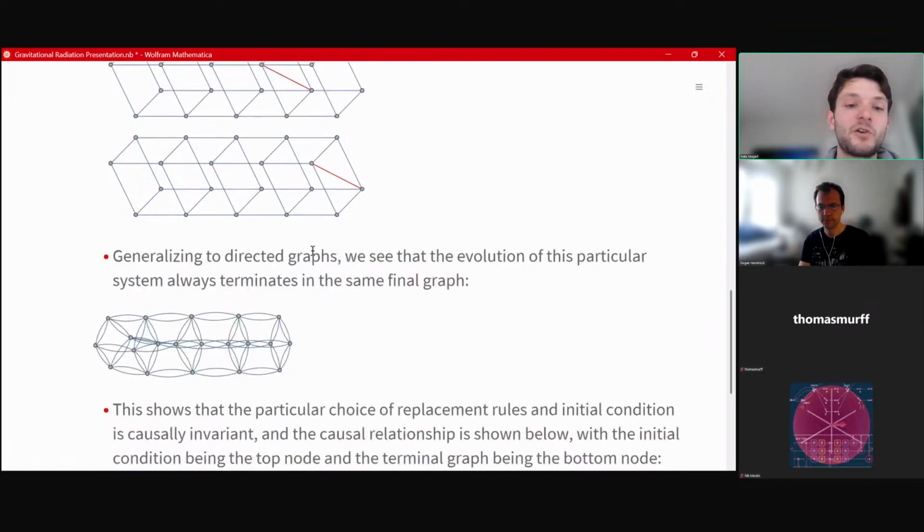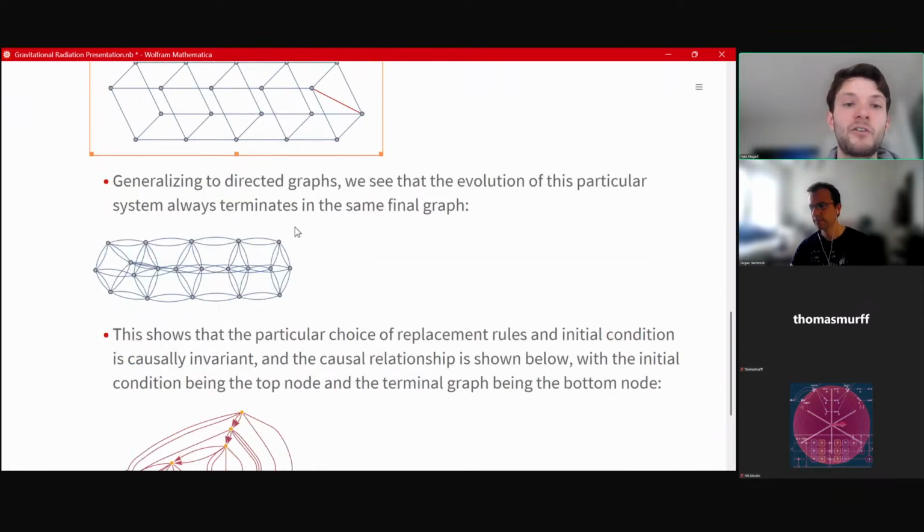And so I wanted to generalize to a directed graph where instead of having a certain orientation picked out, I just put directed edges in both directions. And I wanted to see what would happen if we just kept evolving that system. And so if you replace all these edges with directed edges going both ways, you end up at the same final graph, no matter how you evolve the system, even though there are multiple ways to go about it.